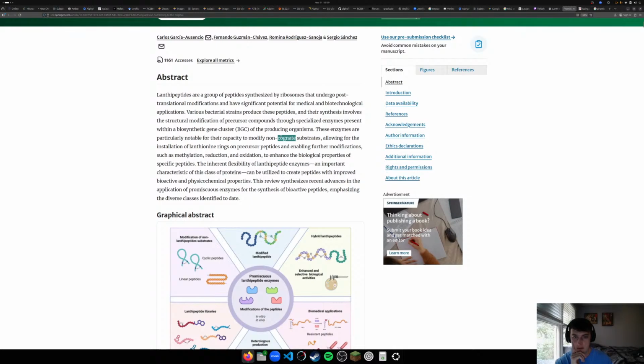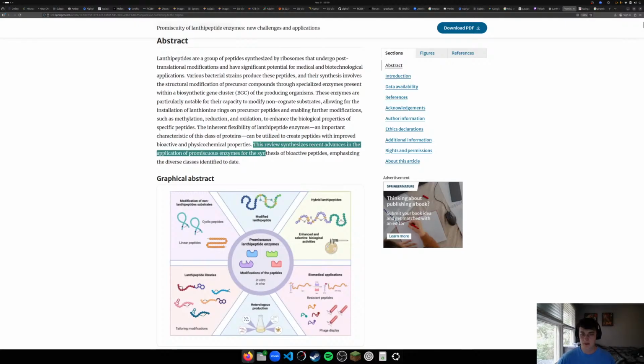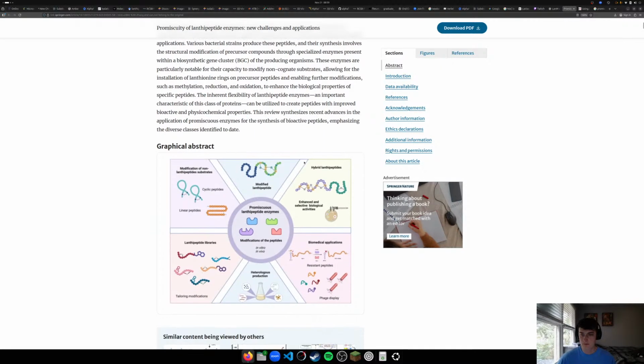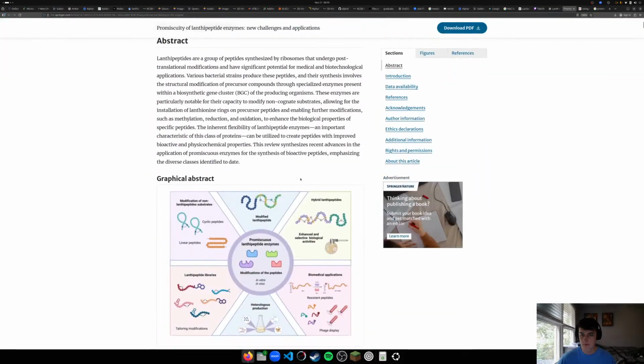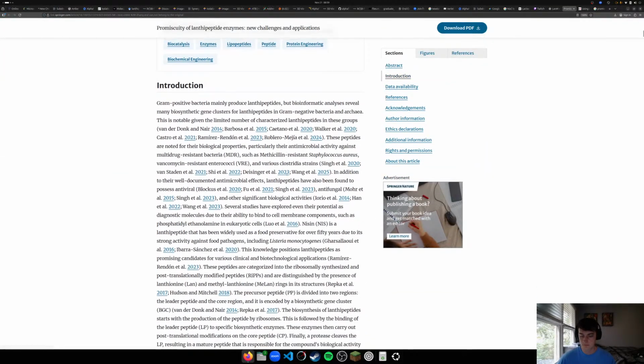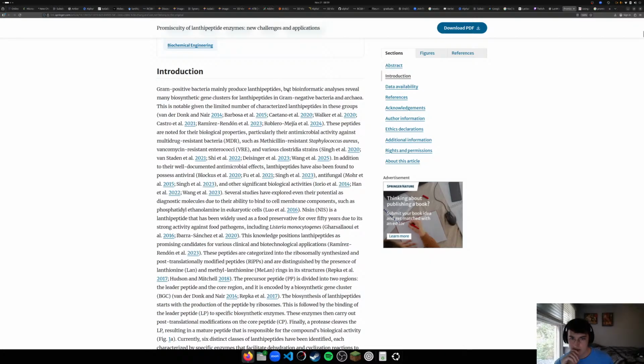Non-cognate substrates, allowing for the inherent flexibility of lanthipeptide enzymes to be utilized to create peptides with improved bioactive and physicochemical properties. Recent advancements in promiscuous enzymes. It's notable given the limited number of characterized lanthipeptides.